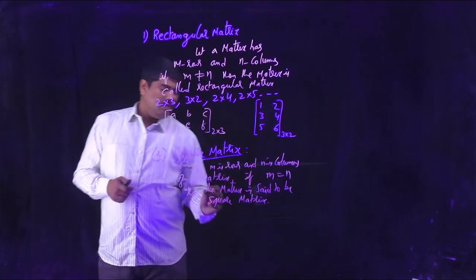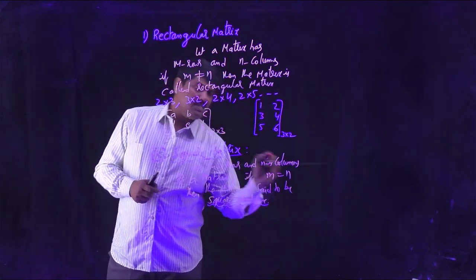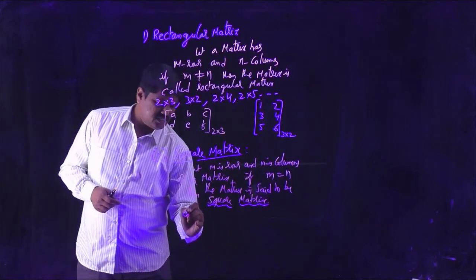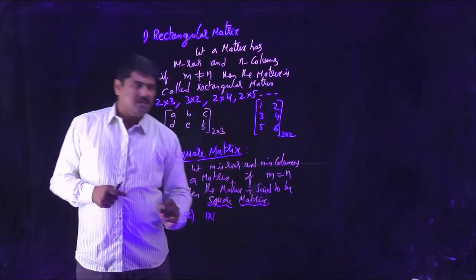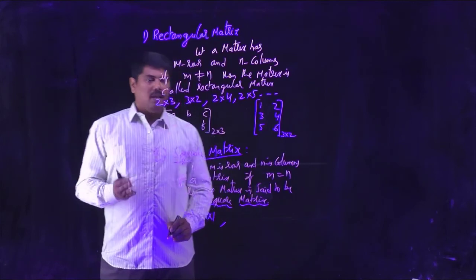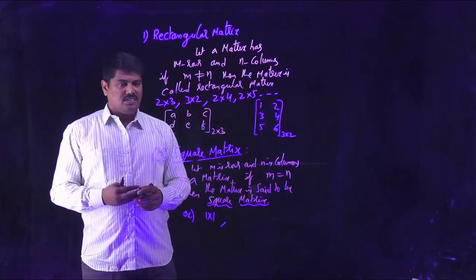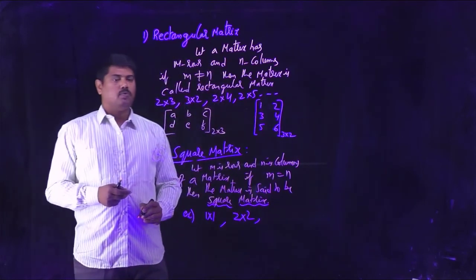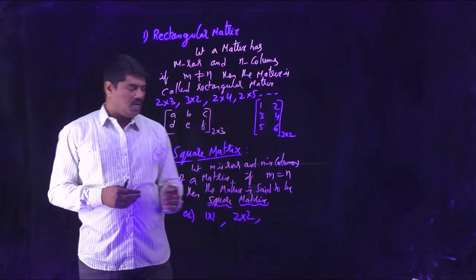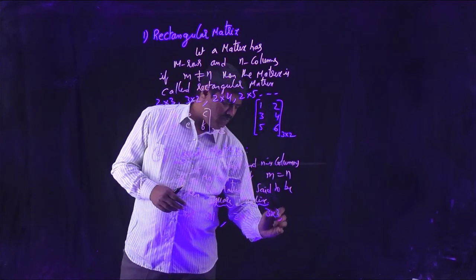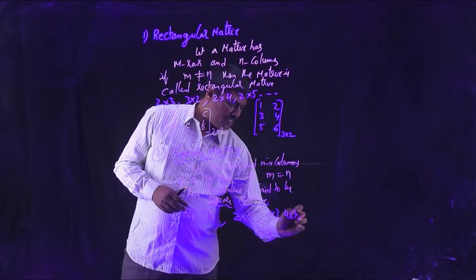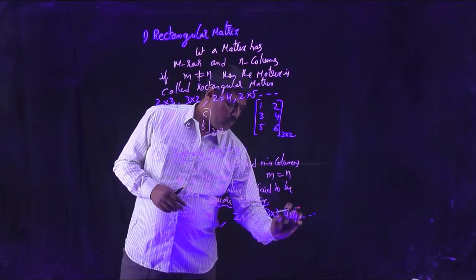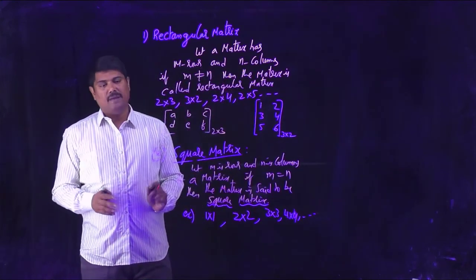So generally, what are the orders of square matrices? We can give examples like this: 1 by 1, taking only one element as a matrix, is a square matrix, and matrices of order 2 by 2 having 2 rows and 2 columns, 3 by 3, 4 by 4. Such ordered matrices we call square matrices.